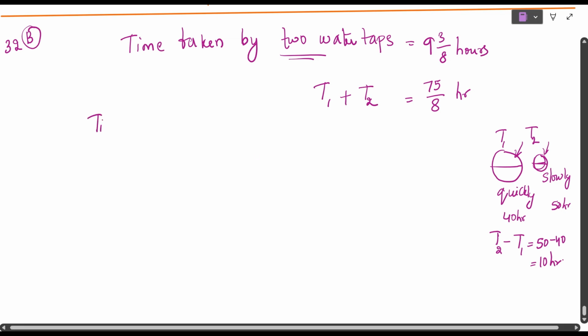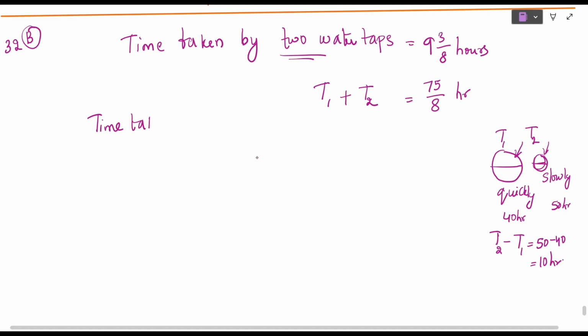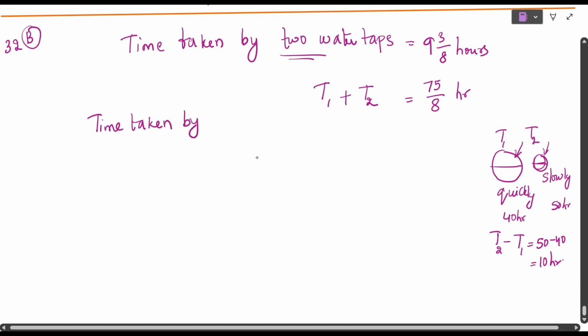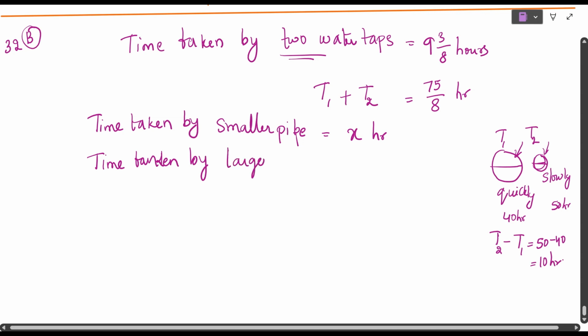So time taken by smaller pipe means smaller diameter pipe. Okay. Let us take this as x hours. Now time taken by larger pipe means bigger diameter.